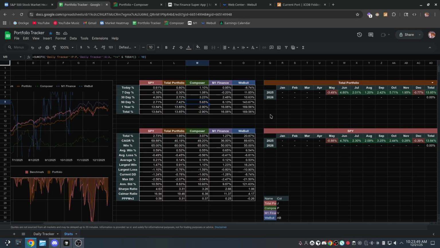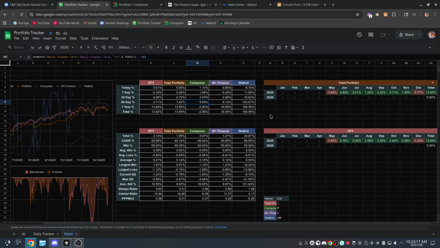If you look at the last 90 days, you have the S&P 500 at 2.71% and our Composer portfolio at 5.65%. At the same time, if you look at the 30-day, you can see 4.26% and 3.23%. Realistically, the higher number is really what we care about. We don't really care about what happened 30 days ago. We care about the entire time scheme.